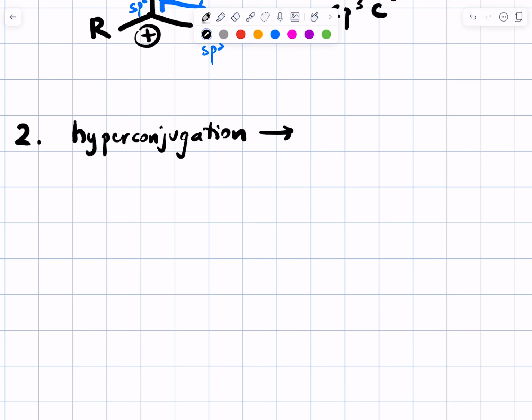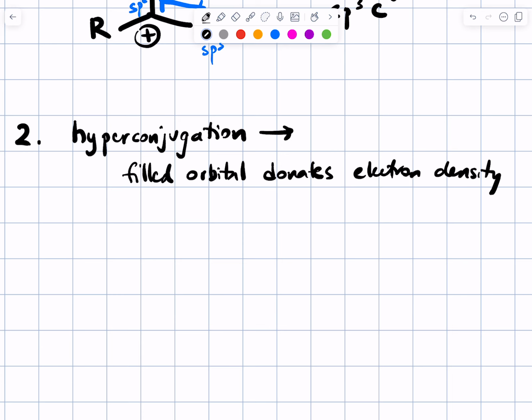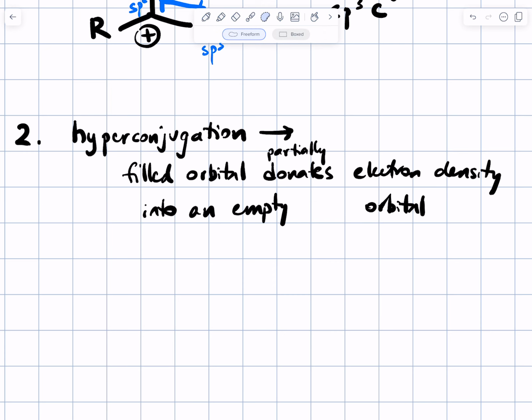Hyperconjugation is an effect where a filled orbital can partially donate electron density into an empty adjacent orbital.